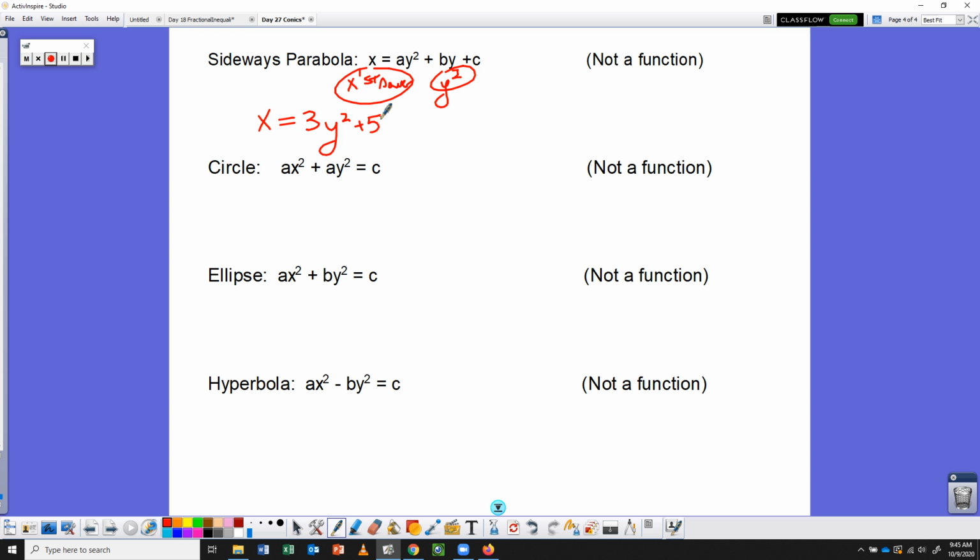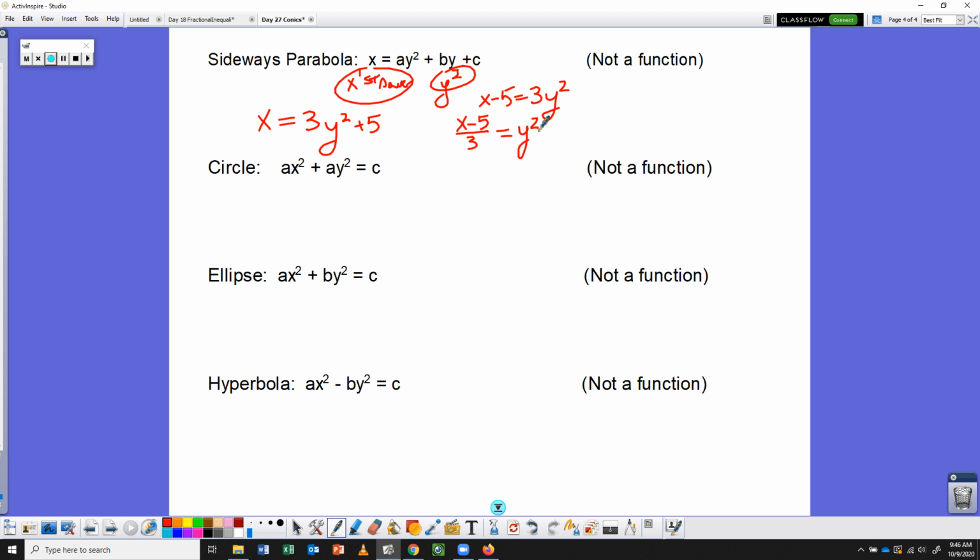Now, these would be examples of equations that you haven't seen before because these are not going to be functions. If you did want to graph this equation, you would have to get the equation solved for y. So the first thing you would do is subtract 5 from both sides. Then you would divide both sides by 3. And then you would take the square root of both sides.